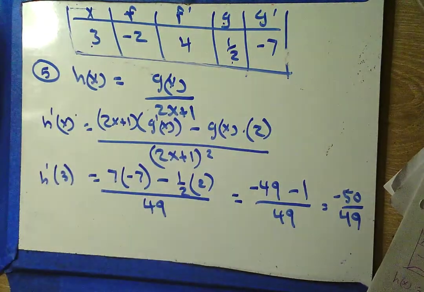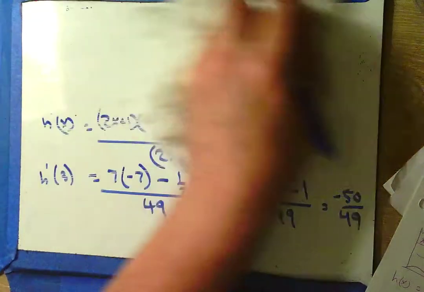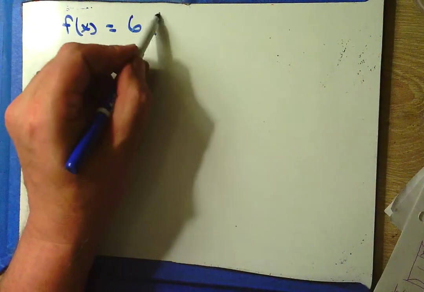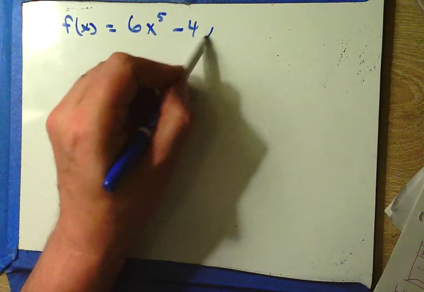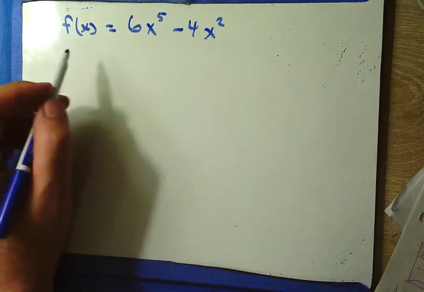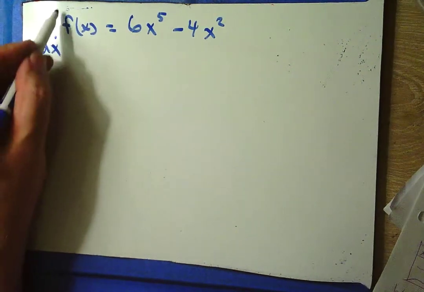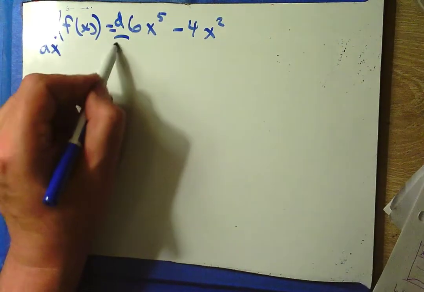Nice. Okay. So let's talk a little bit more about second derivative and second derivative notation, and maybe even third derivative. Okay, so if f of x equals 6x to the 5th minus 4x squared, we know that we could represent taking the derivative with the imperative form.